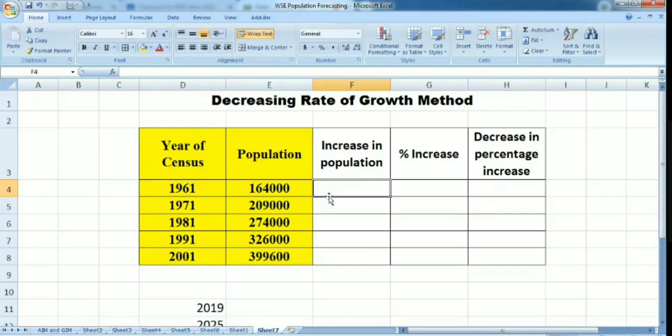Now, those who have solved the increase in population, you can pay attention. Those who have not solved also, you can pay more attention.